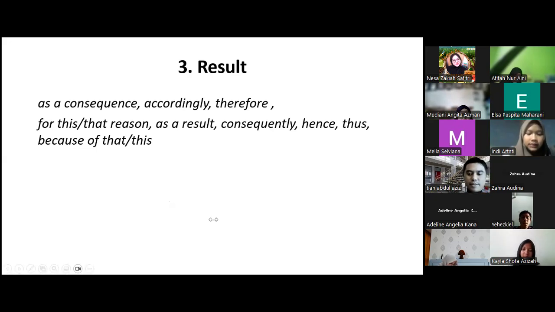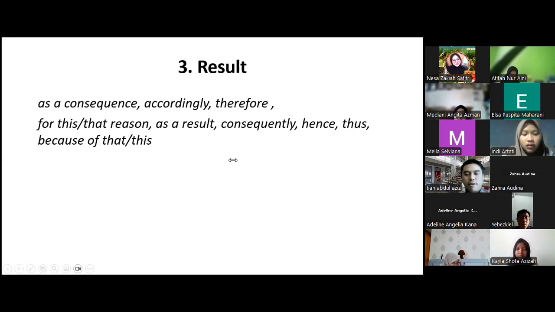Okay, the next connectors talk about the result. The connectors used for indicating the result are: as a consequence, accordingly, therefore, for this or for that reason, as a result, consequently, hence, thus, because of that, or because of this.